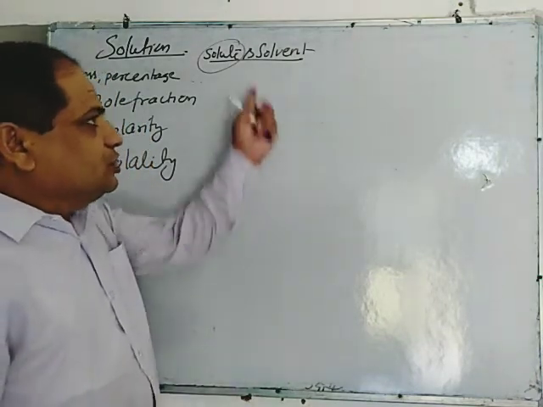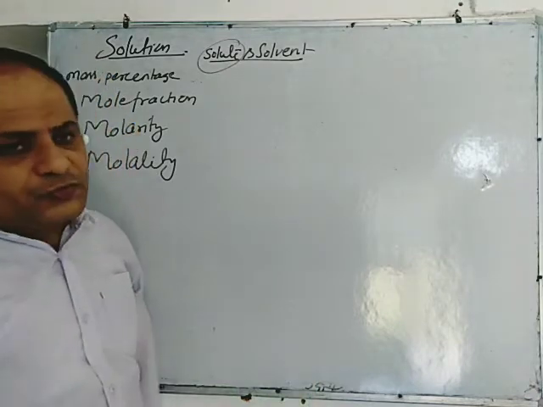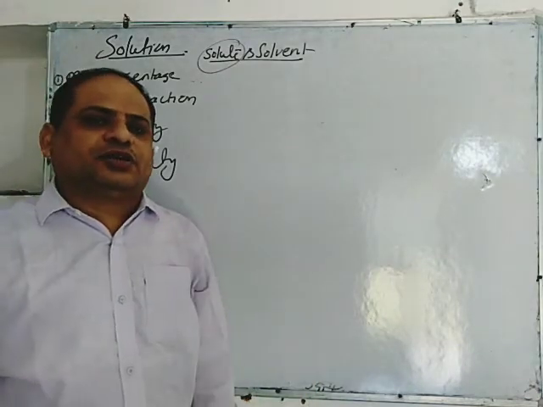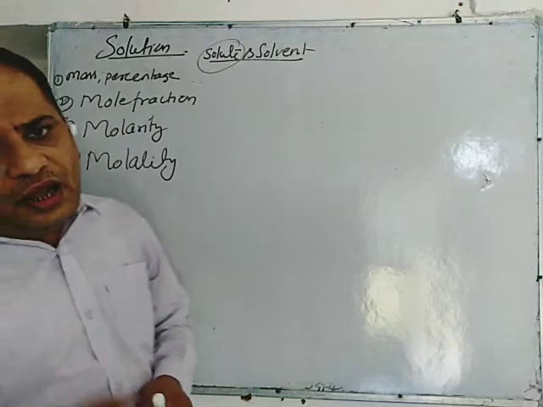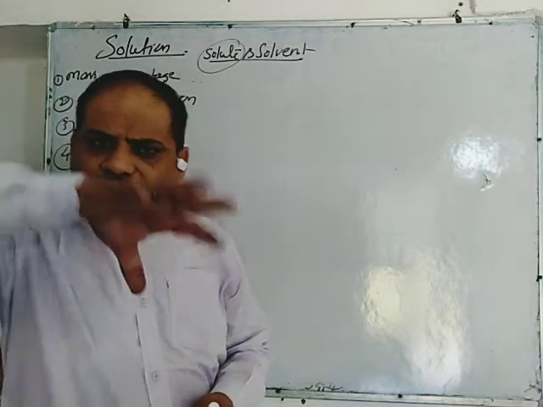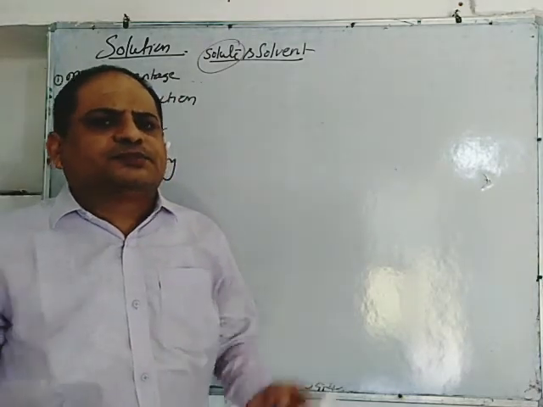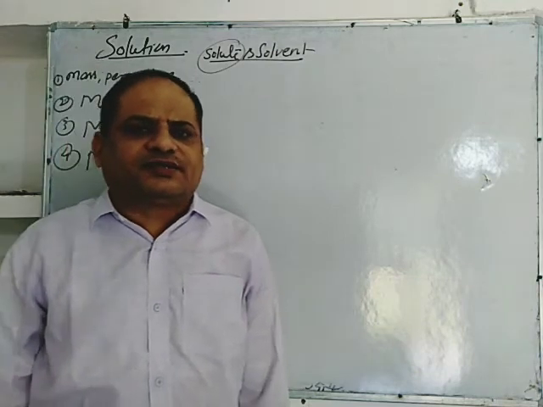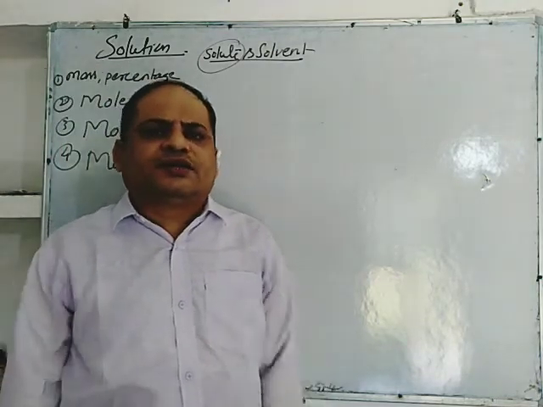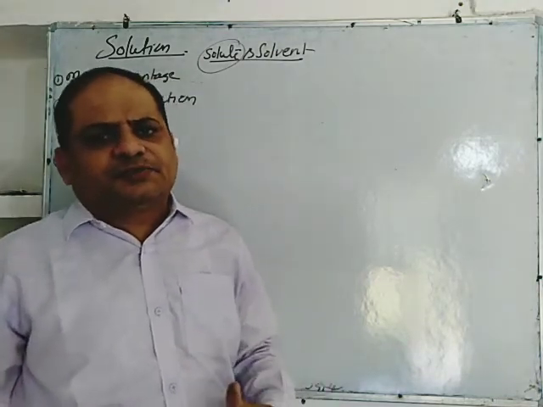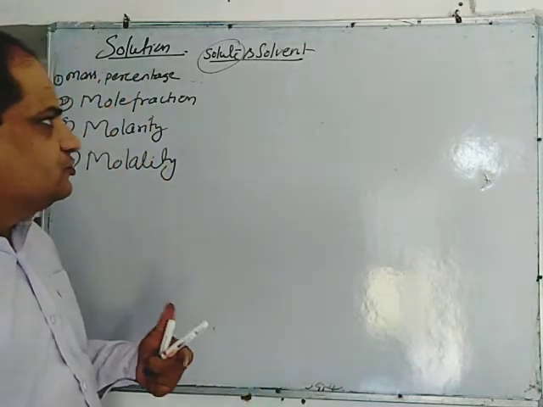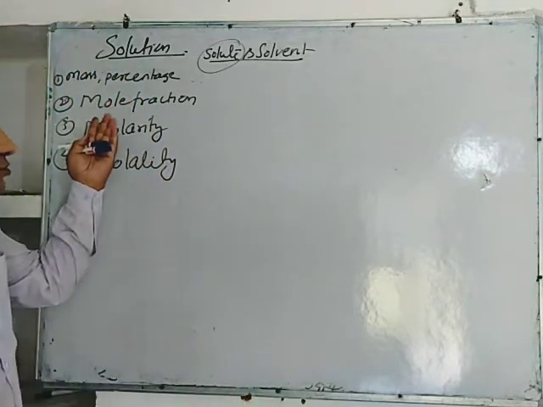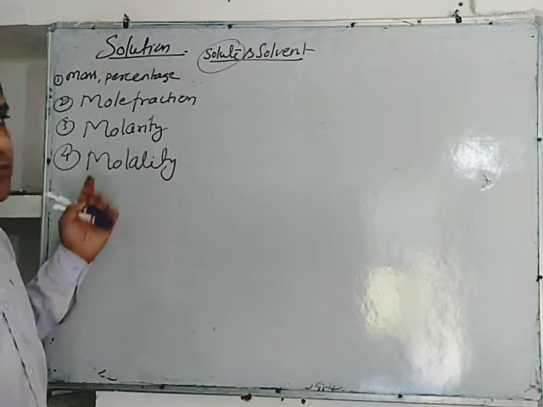So solute and solvent are there and the total is solution. The quantity of solute in the total solution is expressed in terms of concentration, and this concentration is expressed in many terms like mass percentage, mole fraction, molarity and molality.